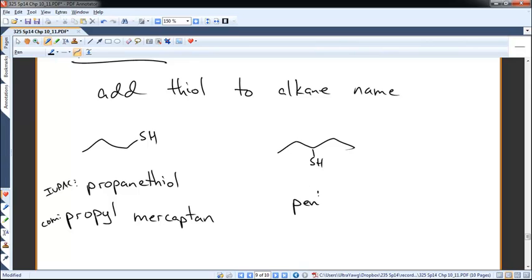And what do we have? At the 3 position we have our SH, so we tack on thiol, pentane 3-thiol. It's quite stupid. Alright, so that's all it is. I'm not going to get all into depth with thiol nomenclature. Right? Oh, here in my notes I have it from Latin. Mercurium captans, which stands for capturing mercury.